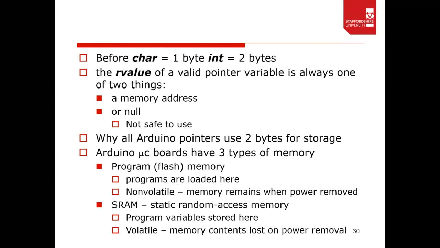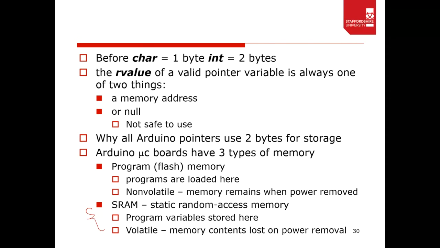So program variables are stored here, and the volatile memory contents are lost on power removal. Usually our variables are stored there, and our program is stored on the flash memory. So when you restart your Arduino, you can usually expect to start from the initialized values again.